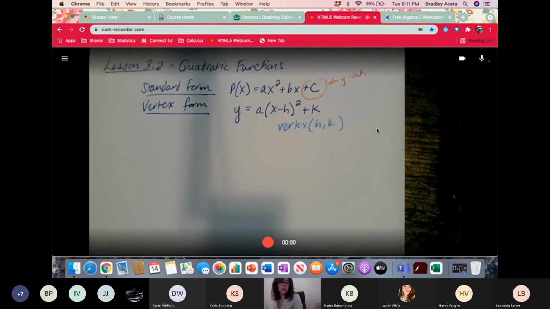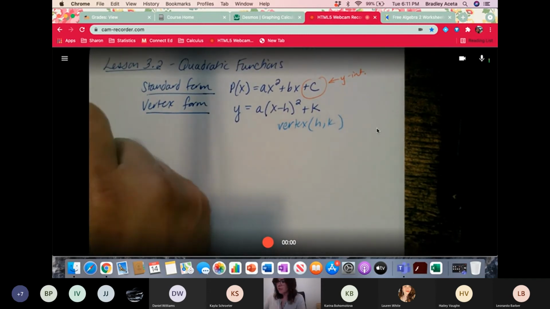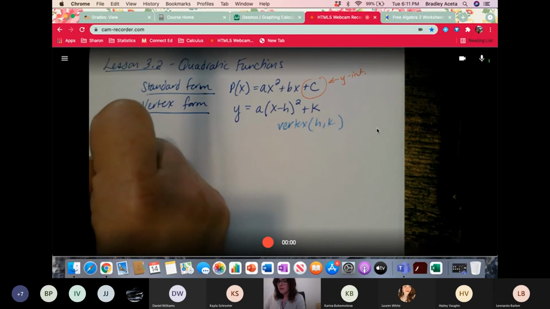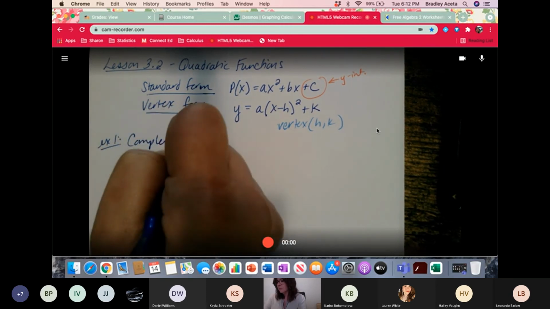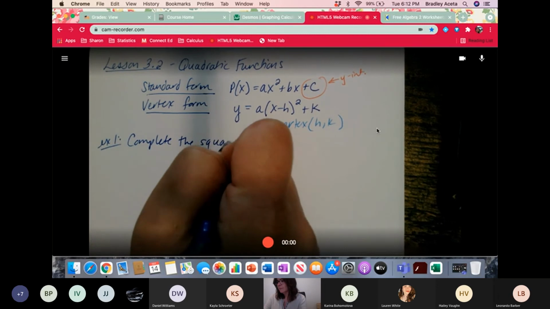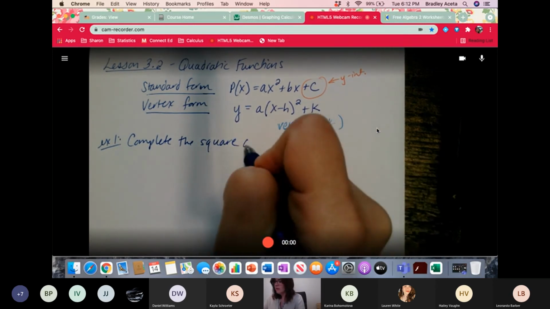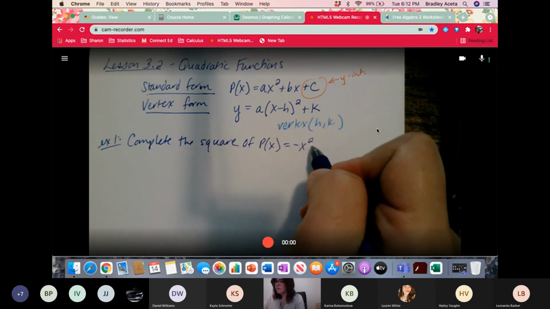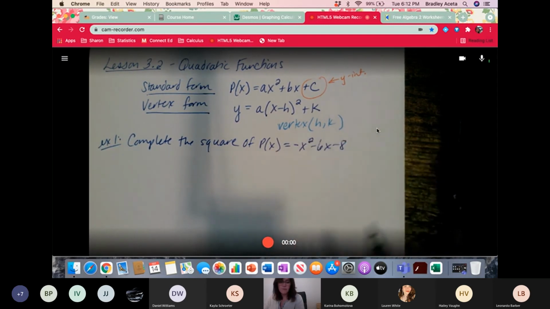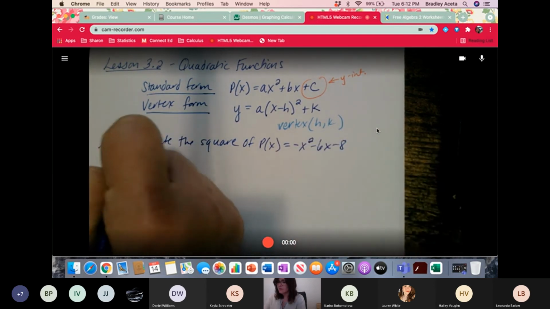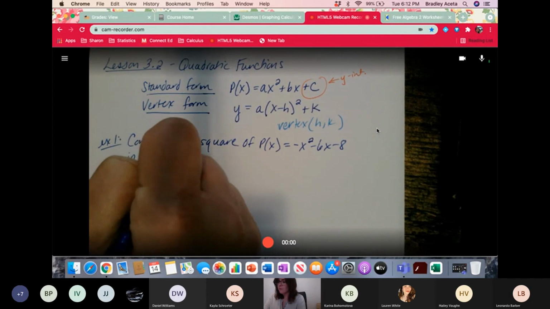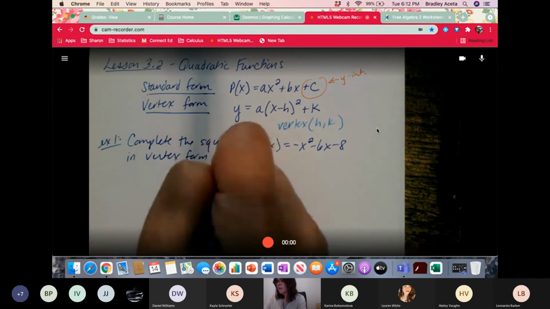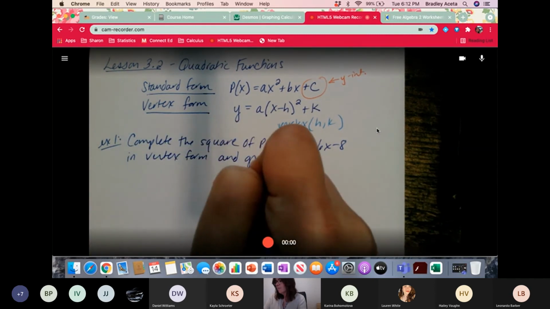So the first example I have to show you would be: complete the square of P of x equals negative x squared minus 6x minus 8 in vertex form and graph.